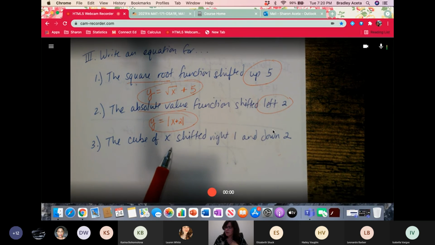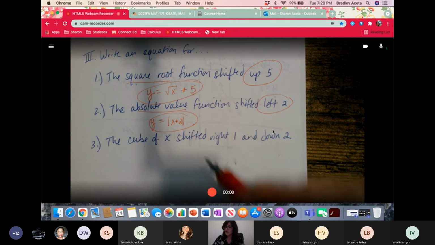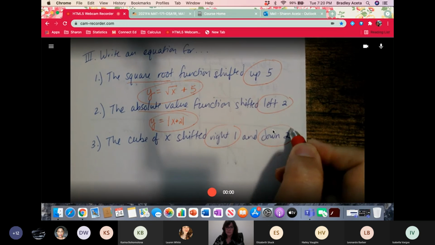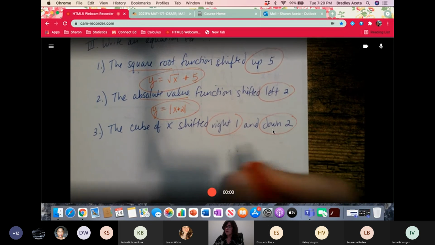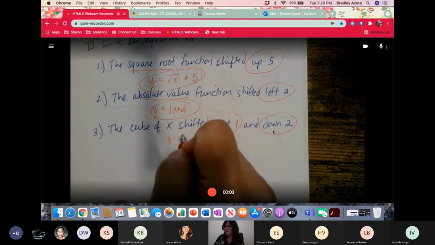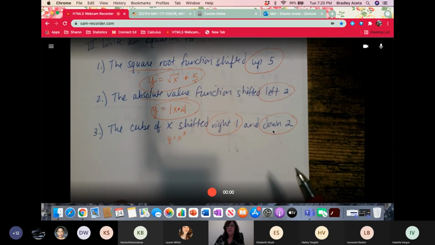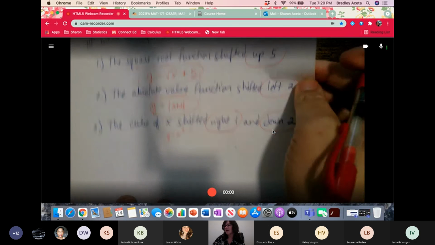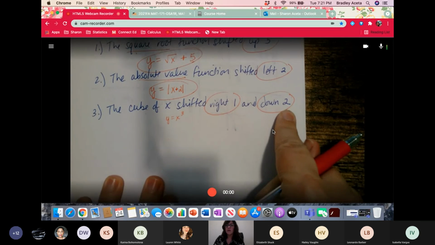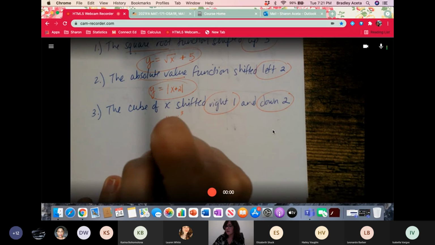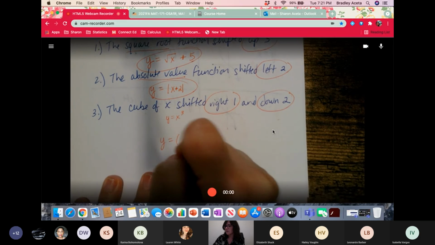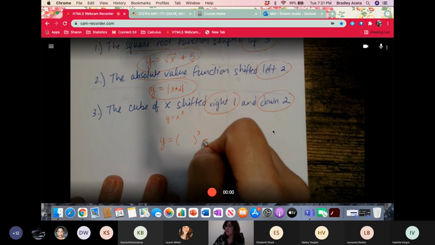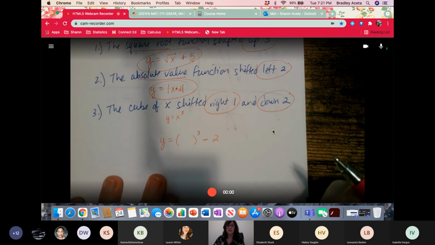And it should become familiar the more you do. The cube of x, now we're doing a double shift. We're shifting right 1, down 2. Cube of x. So cube of x, again, this is the original parent. But we have to put some shifts inside of it. So we might have to add some parentheses and whatnot. So the down part would be on the outside. So I'll start there. Y equals something cubed. If I'm down 2, I would put minus 2 on the outside.